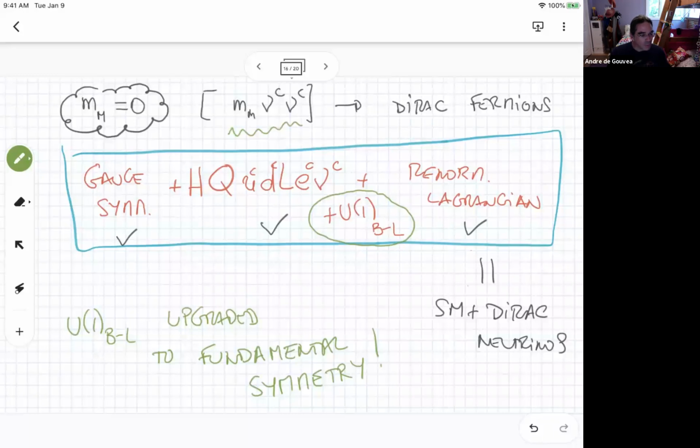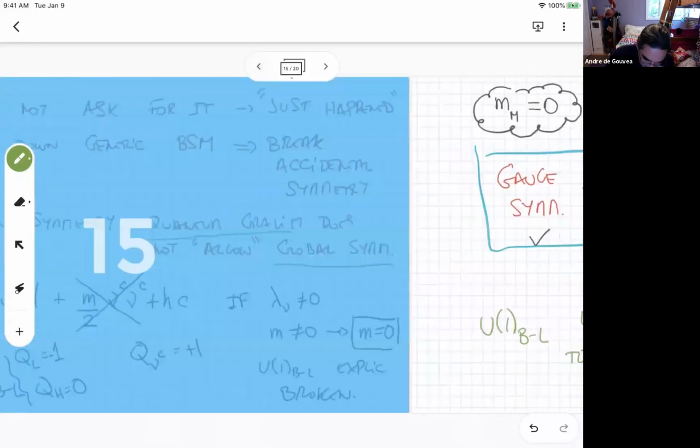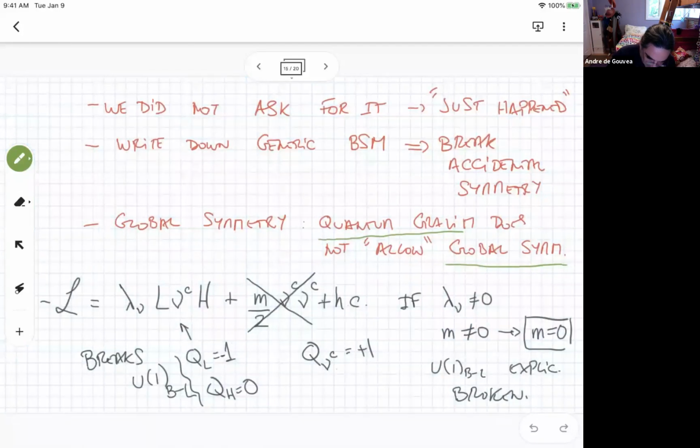Second question, why don't we make the B minus L charge of the neutrino 0? The reason is very easy, because the neutrino is at the mercy of the charged leptons. Remember, the neutrinos live here, and whatever lepton number the electron has, the neutrino better have.